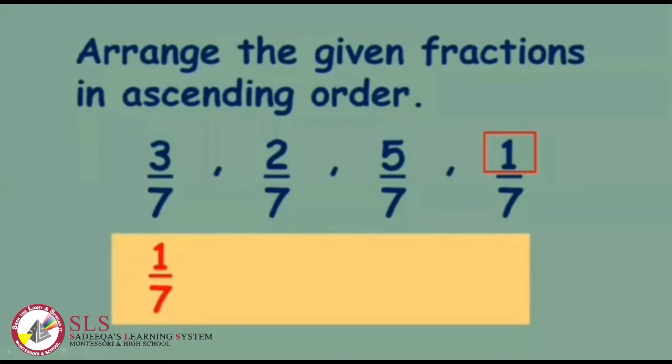Now look at the numerators of the given fractions and find out the smallest numerator, and here that is 1. So 1 by 7 is the smallest fraction. So write 1 by 7 at the first number.